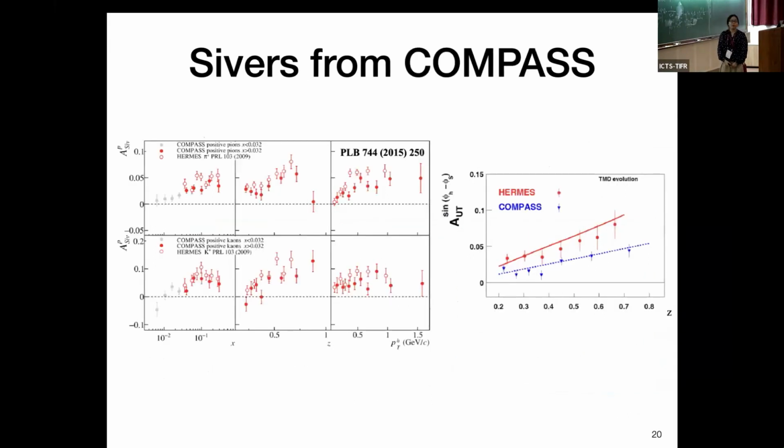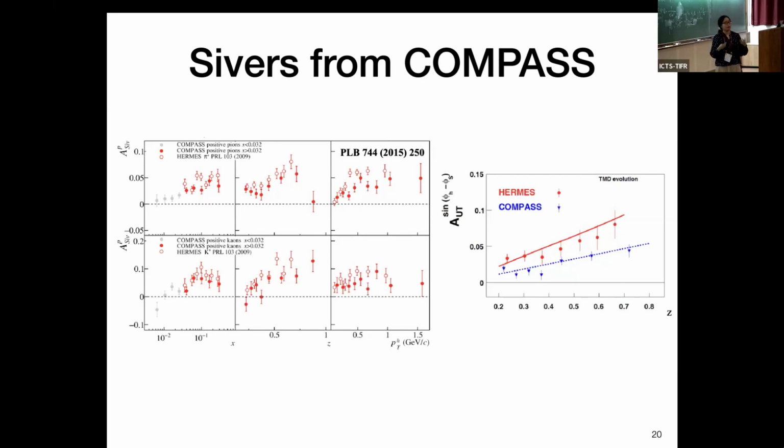It was also measured by the COMPASS experiment. Here it shows the Sivers asymmetry as a function of the one-dimensional variables x, z, and PhT, also compared with HERMES, and you can see that those two results are pretty similar. But one thing to note is that HERMES and COMPASS have a bit different Q-squared values.